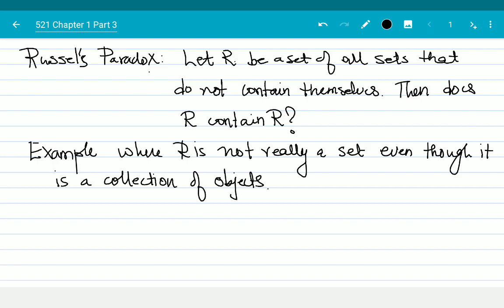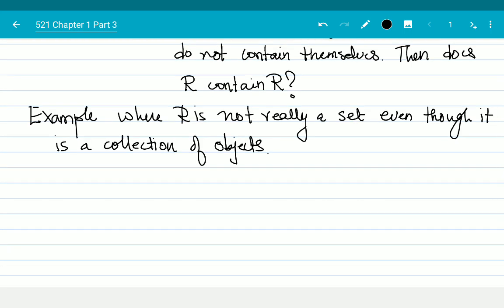Okay, so this is one example where you cannot tell using the property whether some element should be in the set or not. It creates a paradox.